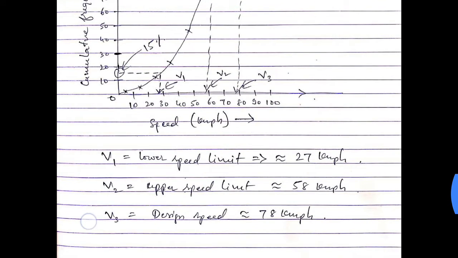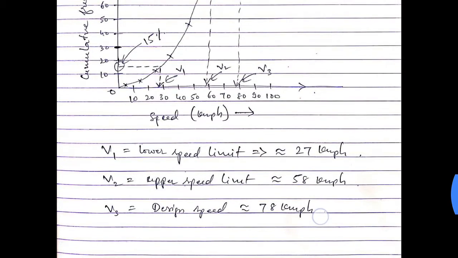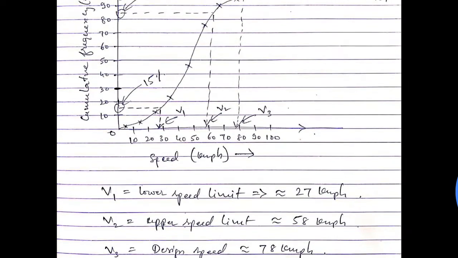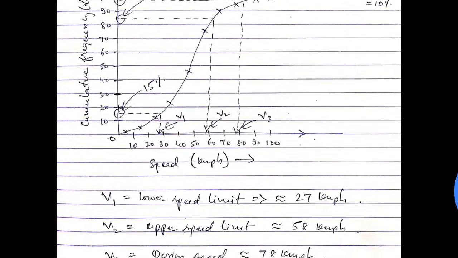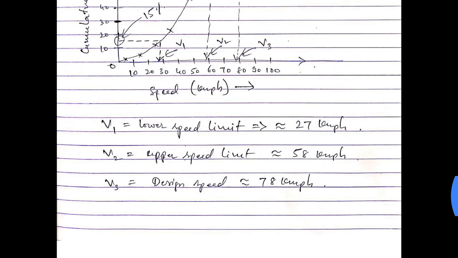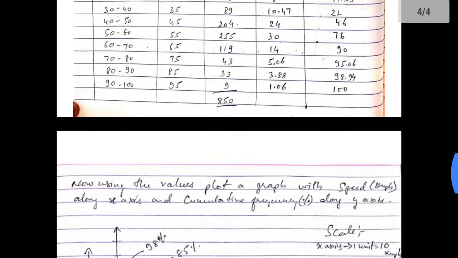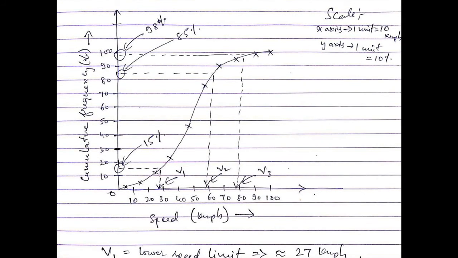So v3 is the design speed, around 78 kmph. This is how you find the lower speed limit, upper speed limit, and the design speed. This is all for this second problem also. Thank you.